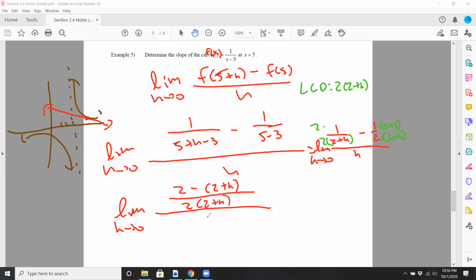And down below you have h. I'll think of this as h over 1, by the way. So what's going to happen is that you distribute the minus. 2 minus 2 goes away, then you have negative h, times 1 over h, you flip over that bottom fraction.